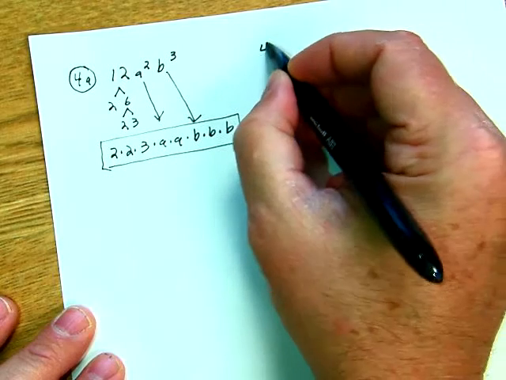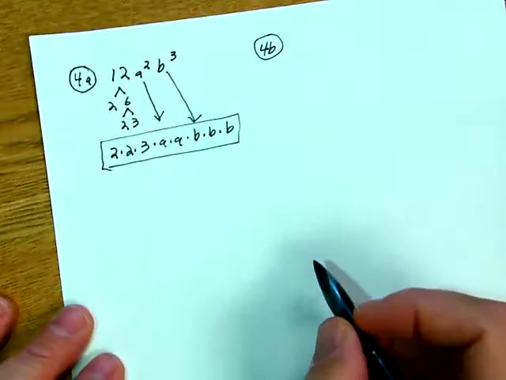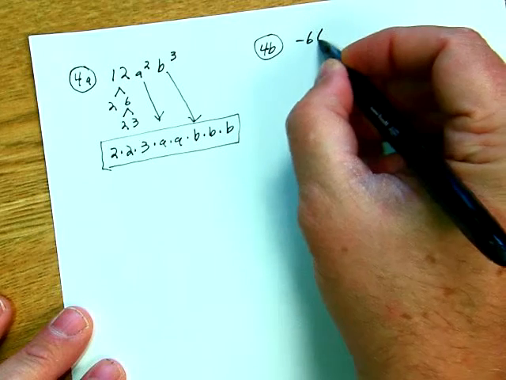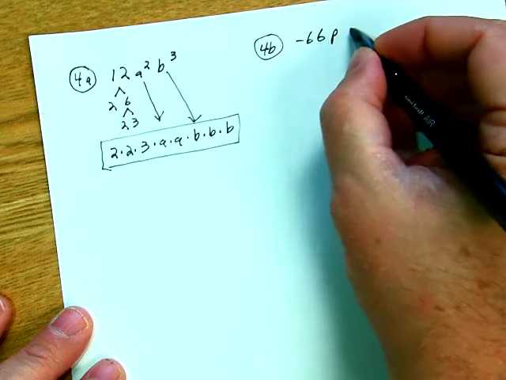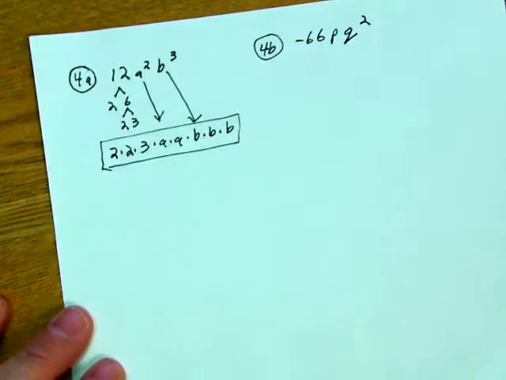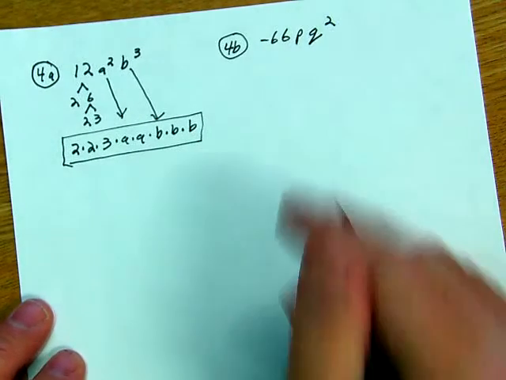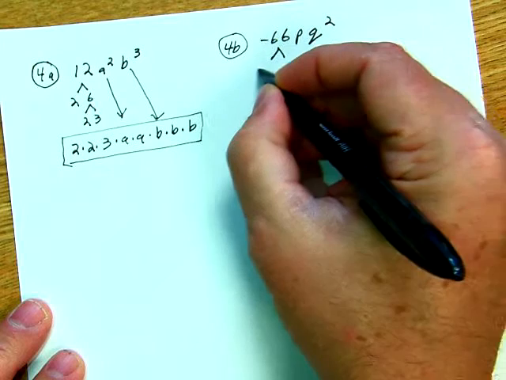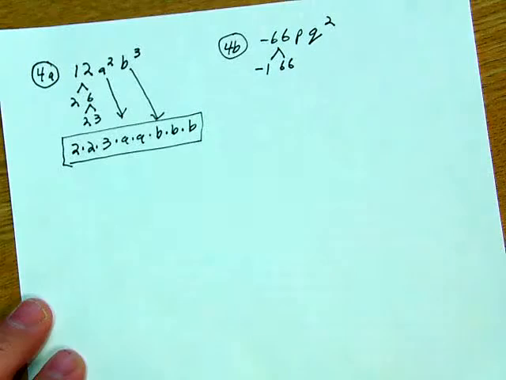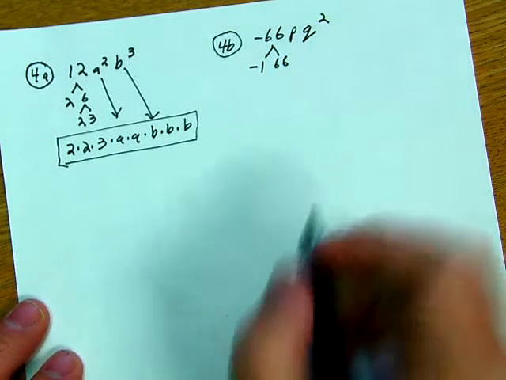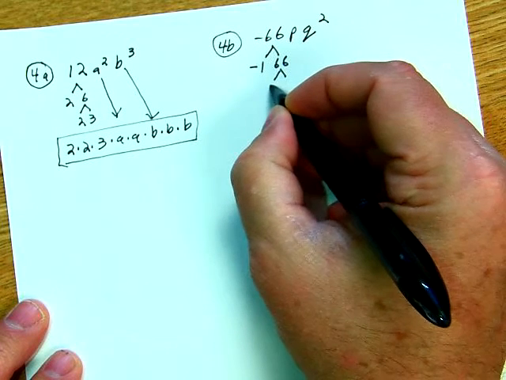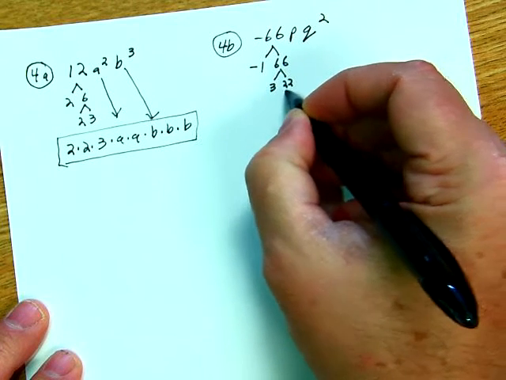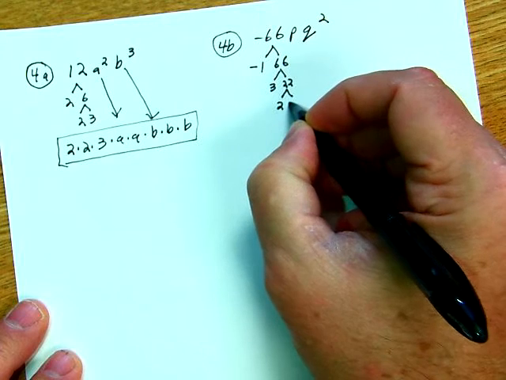How about another example, 4b in your book? Negative 66p q squared. Okay, well, let's do it again. Tree it, negative 66. Negative number, always do negative 1 first. And let's say 3 and 22 and 2 and 11.